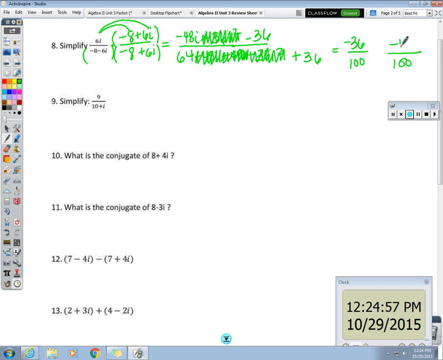Right, you have to reverse the order so that the real number's first and the complex number's second. Now, is this one finished? We can reduce. What is negative 36 divided by 100? Okay, and then what's negative 48 over 100? Right, so that's the final answer.